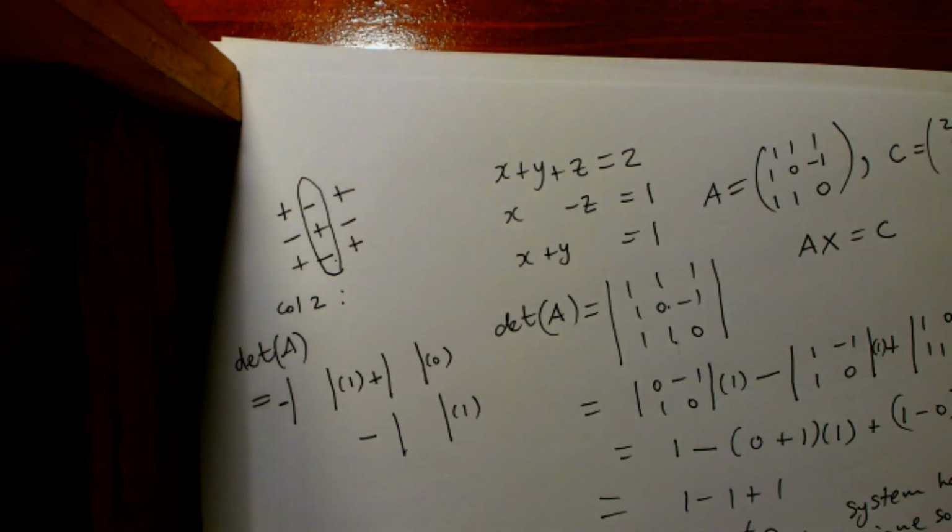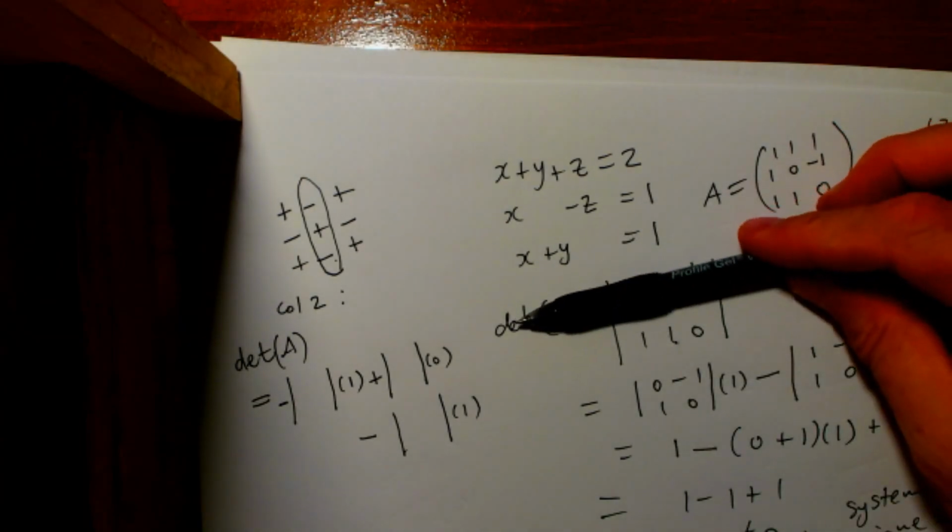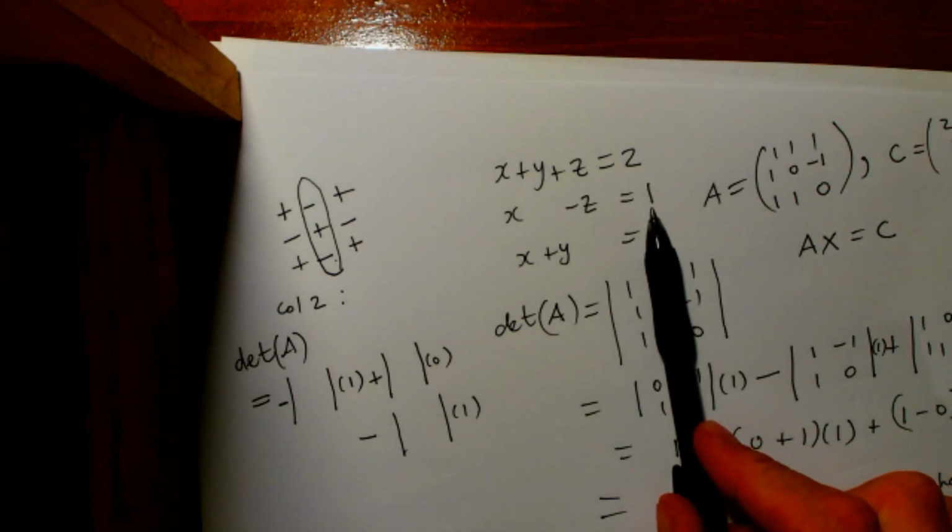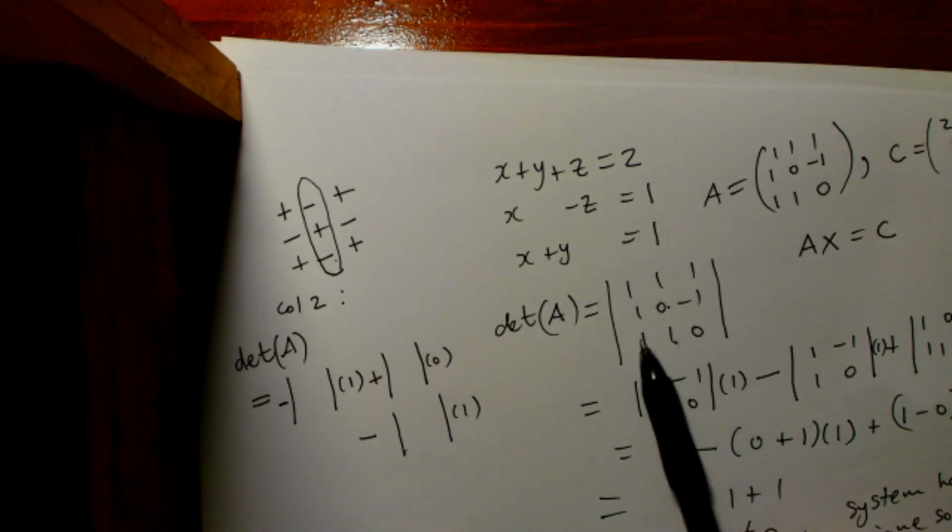Okay, now we apply our same trick. We cross out the row and the column that that first 1 is in, and we get 1, 1, minus 1, 1, 0.